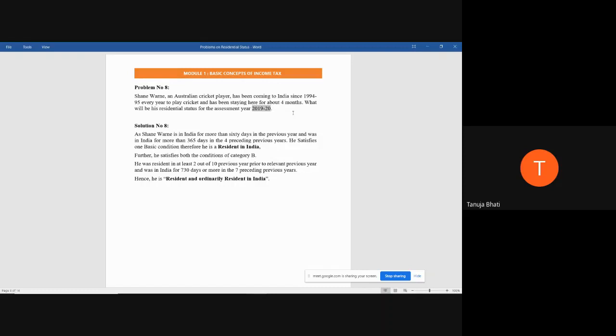So now if he is staying per year for 122 days, then for 4 years how many days is he staying? 488 days, which is more than 365, and 60 days in the previous year. Now in the previous year he is staying for 122 days. So he is satisfying the second basic condition. And if he satisfies any one basic condition, he becomes a resident in India.